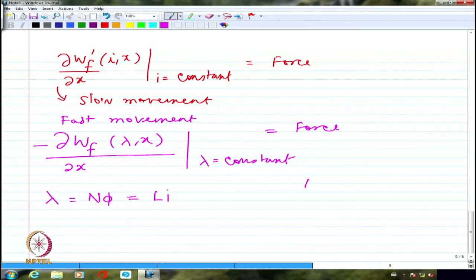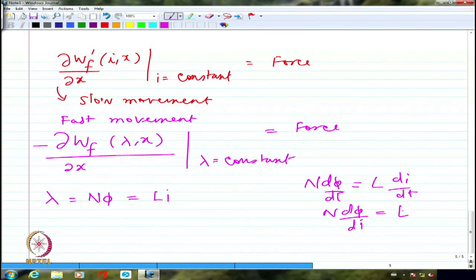If we consider L to be a constant, probably it is not going to have variable permeability even at a particular point. Then I can directly equate lambda, which is n phi, equal to Li, because we wrote like this, right? N d phi by dt equal to L di by dt, from which we wrote N d phi by di is equal to L. This d phi by di we are considering this way only because we are assuming that phi and I do not have a linear variation with each other.